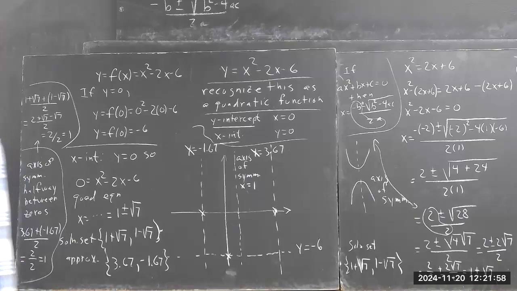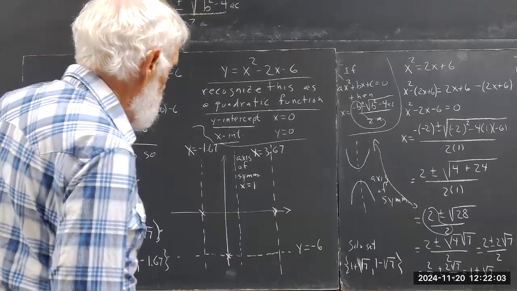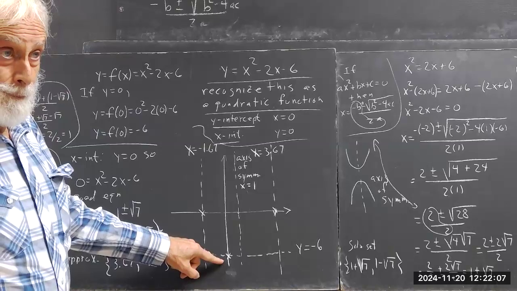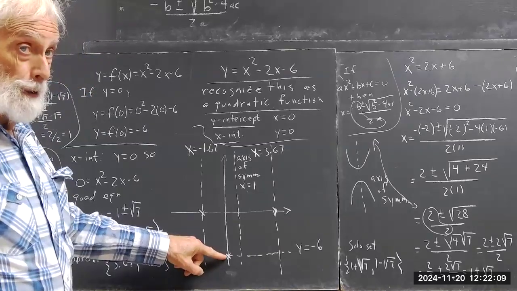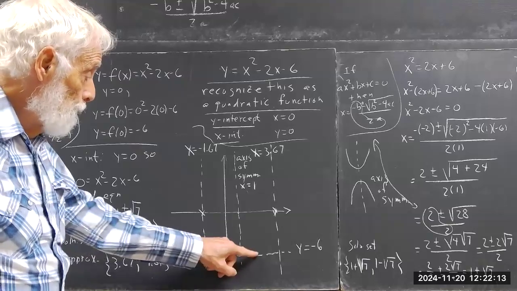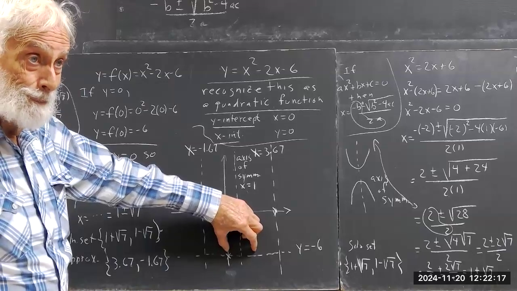Okay, now if you want to get an accurate picture, people tend to want to use this as the low point. But this can't be the low point because if it was, there'd have to be another low point on the other side of the axis of symmetry, because that's what symmetry means.